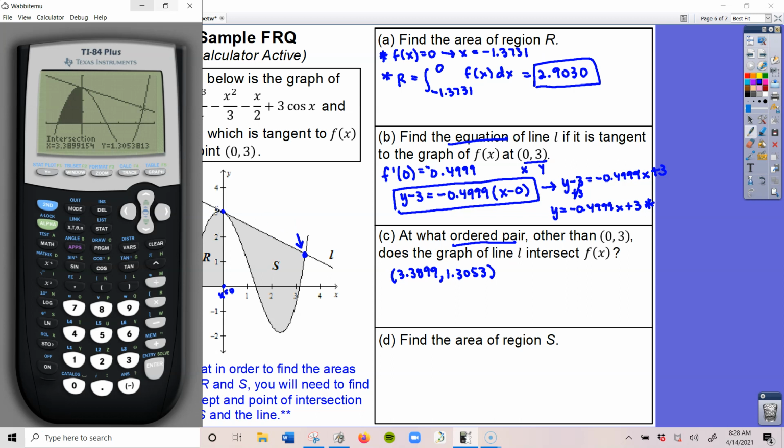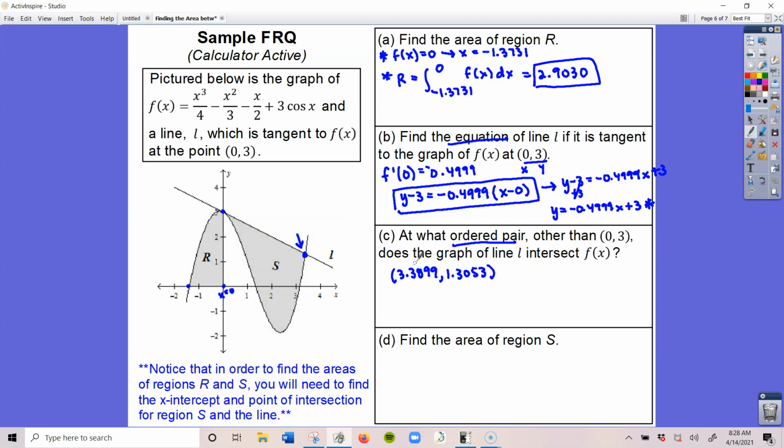Yes, okay. Now the reason part C is asking for this question is because we need that point of intersection to find the area of region S. Region S is the area between the line and the curve. So the line is my higher function and the curve is my lower function.